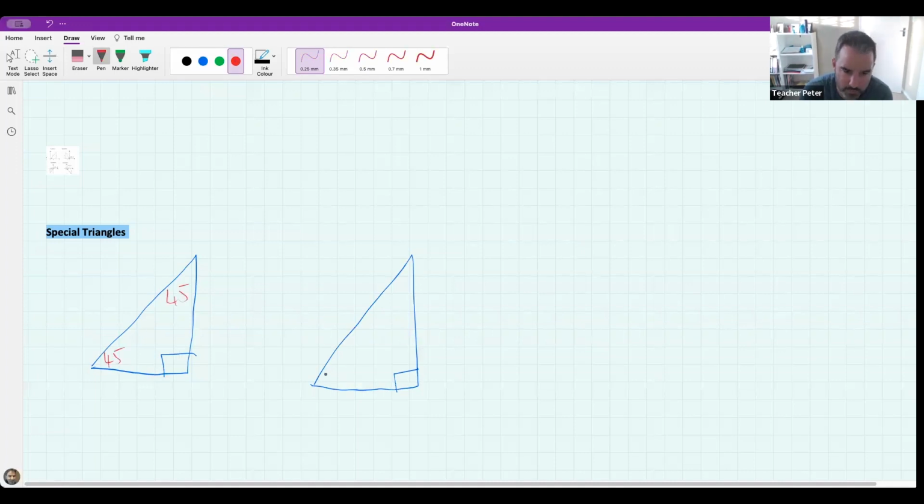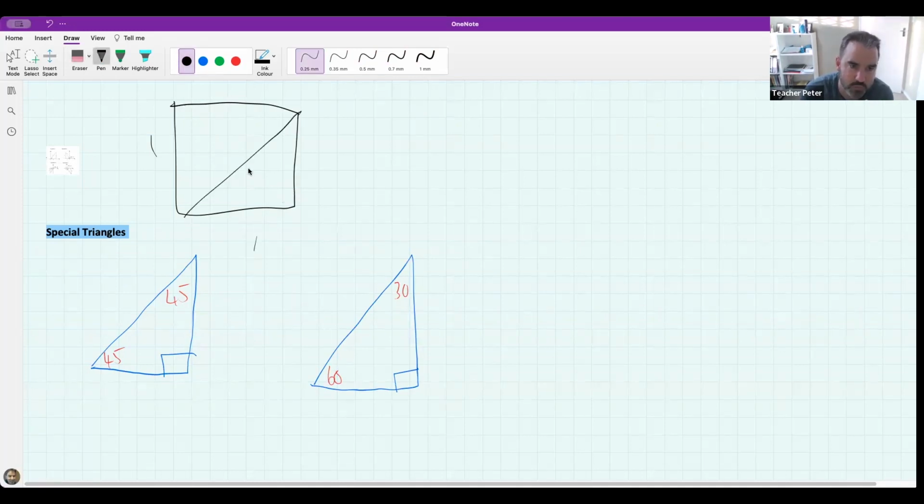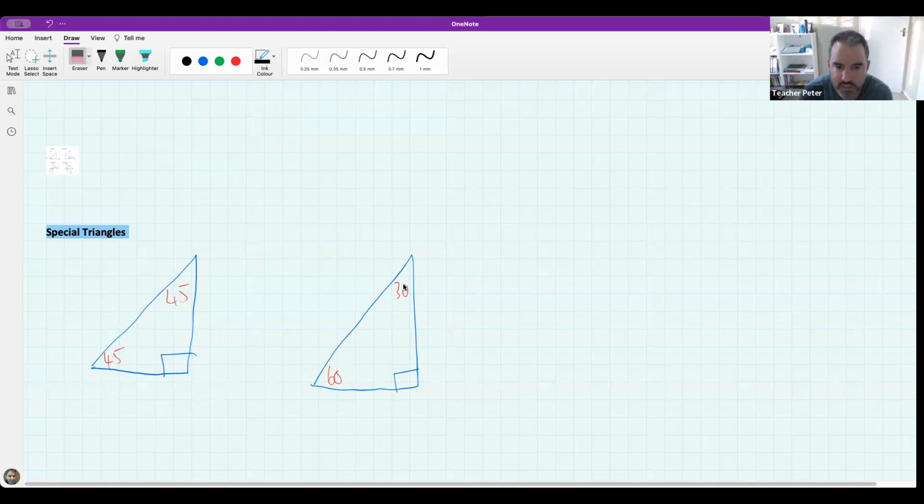That is the one special triangle, and this is the other. This special triangle actually comes from chopping a square in half. If you imagine a 1 by 1 square and you chopped it in half this way, you would get, okay, that's not a very good drawing, but basically that's what you would do. This one over here comes from chopping an equilateral triangle in half.